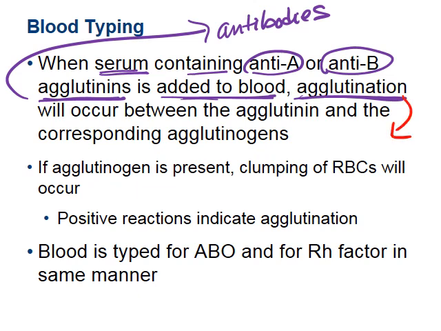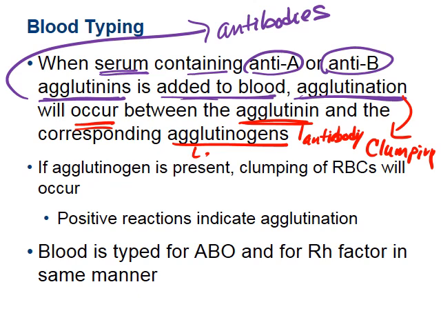Agglutination, what's agglutination? Clumping, will occur between the agglutinin, the antibody, and the agglutinogens. These are the antigens on the red blood cell.